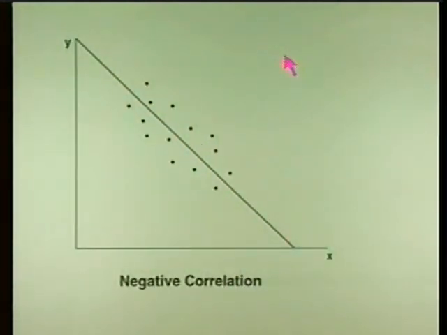A negative correlation is when one set of data decreases as the other set of data increases. If you'll notice here, as our x values get smaller, our y values increase. Y values increase and x values decrease, giving us a line with negative slope that slants down to the right, therefore showing a negative correlation.